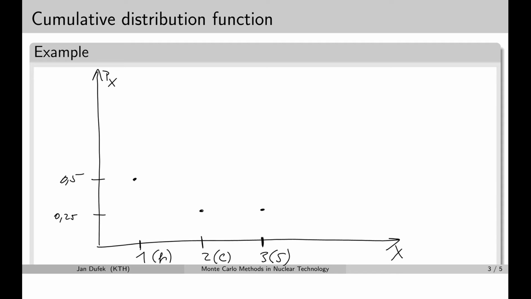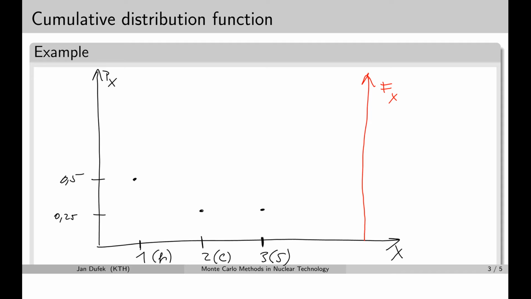I'm going to use the red color now to denote the cumulative distribution function and to separate it from the probability density function, or from the probabilities. Now from the definition it follows that I can actually define the cumulative distribution function even for values for which no probability was assigned.